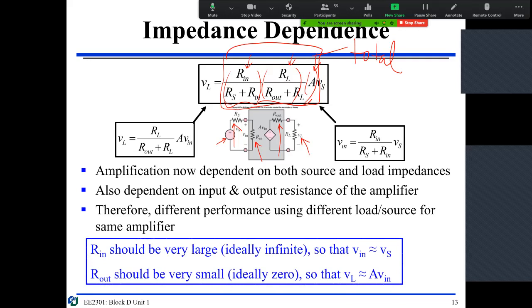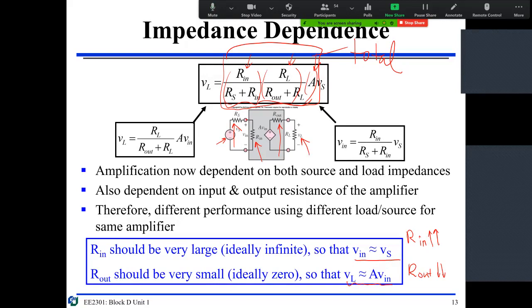In other words, to reduce the effect, R in should be very large, so that V in is the same as VS. If R in is very, very big, then VL is simply A times V in. Then R out has to be very, very small.